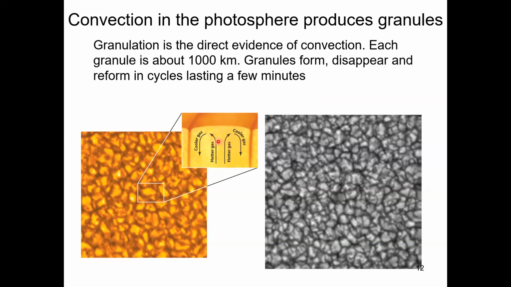On the surface, you see it like this. Why? There are some areas where the hot matter comes to the surface, and these areas are brighter, they're hotter, because it's hot matter.